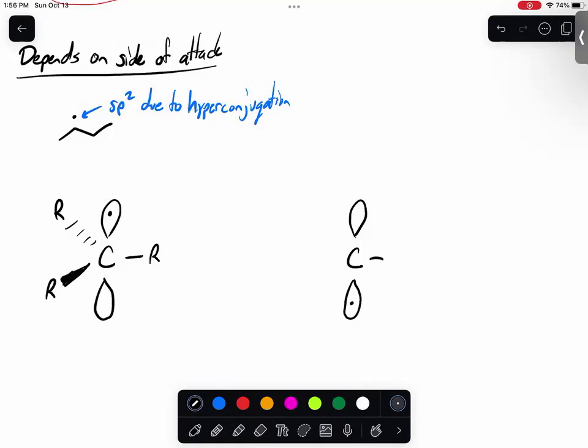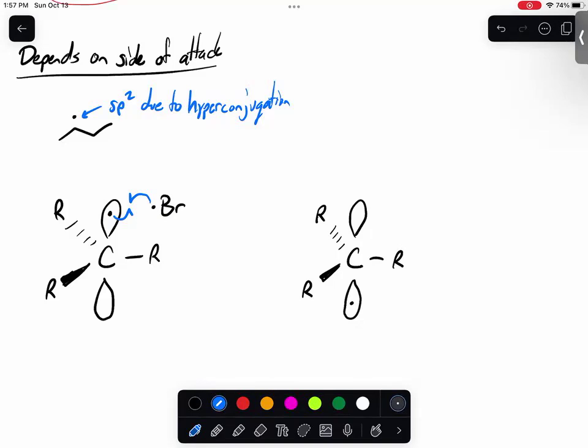Essentially, what this means is that when the bromine comes around, let's just assume it is the termination step to make our life a little easier so we don't have to draw as much. When the bromine comes around with its radical, it can either come in and pair and form a bond on the top side, which we would call a top side attack, because the bromine's coming in and attacking the carbon, as you may call it.